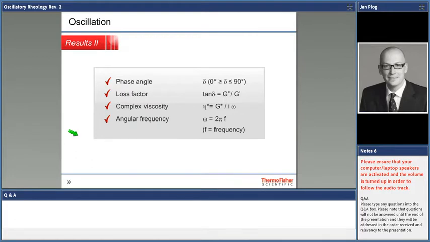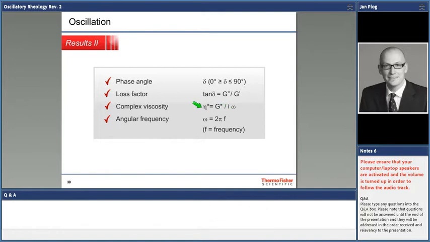What else do we get from an oscillatory test? Phase angle we talked about. We also get the loss factor, the so-called tangent delta value, which is nothing else but the ratio between G double prime and G prime. Why that is important I'm going to talk about a little bit later. We also get a viscosity function from an oscillatory test, the complex viscosity, eta star, which is nothing else but the complex modulus divided by the angular velocity or angular frequency.